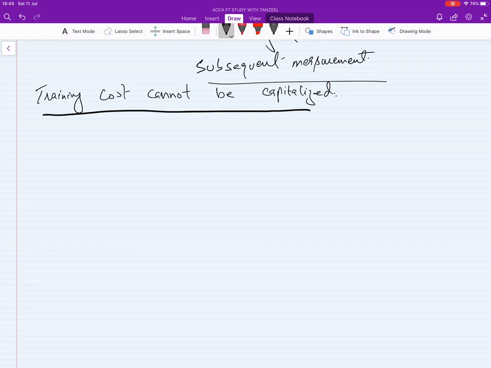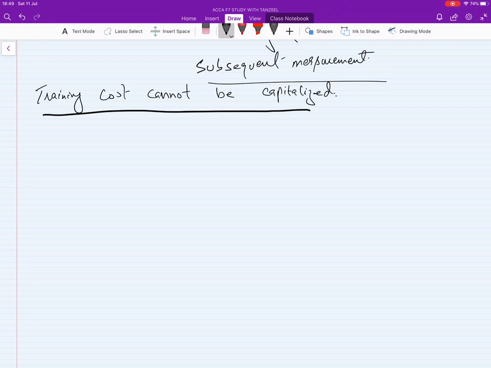For me, suppose I have a chartered accountant firm, or a business or a machine, and I need to give training to my employees on how to operate that machine. Suppose I spent 100,000 on training. I cannot capitalize that 100,000 because I do not have any control over the employees.